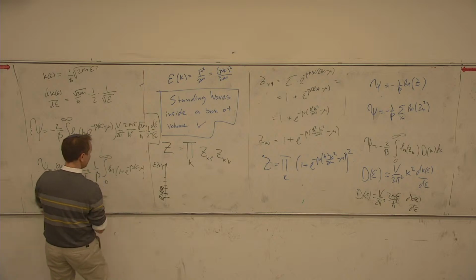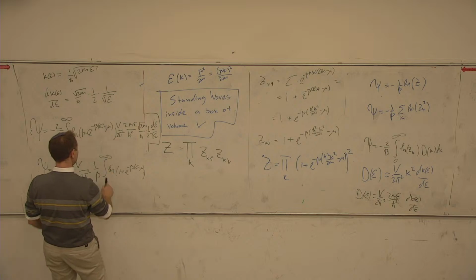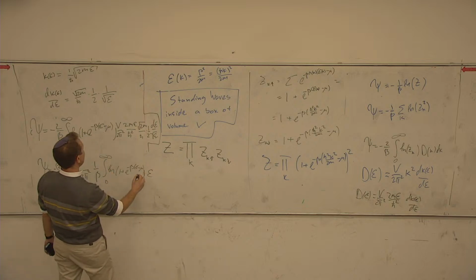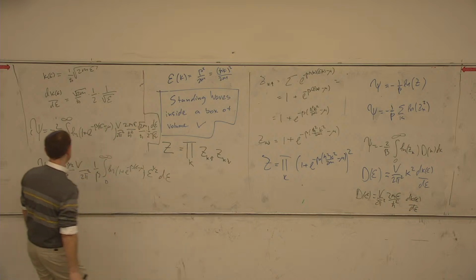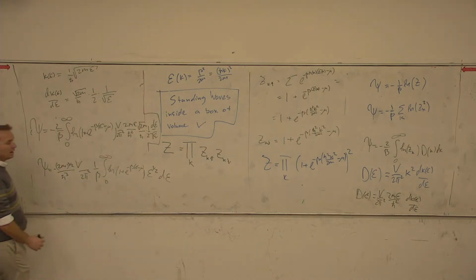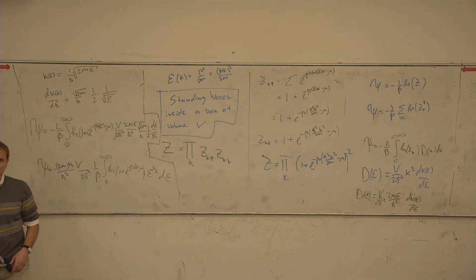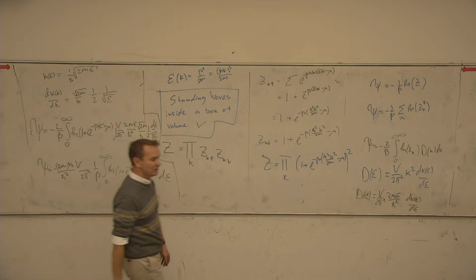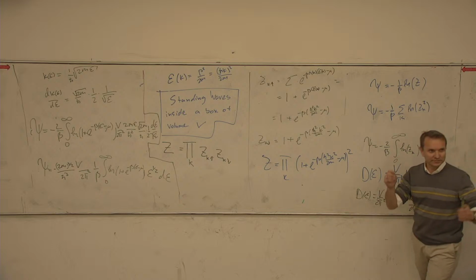And we have here epsilon to 1/2, right? Epsilon to 1/2, d epsilon. This is the grand canonical potential for the Fermi gas. Right? The moment that we have written a formula, everything else can be obtained from this formula by taking some derivative.